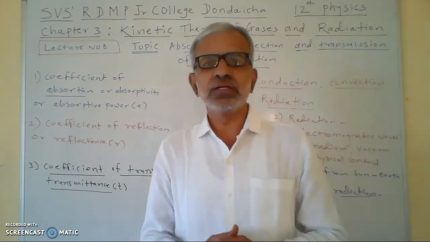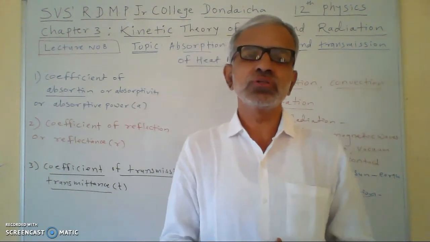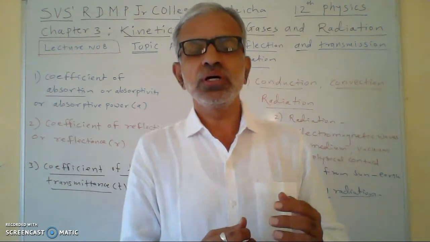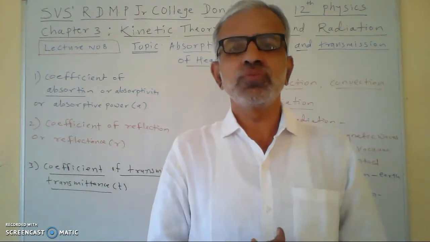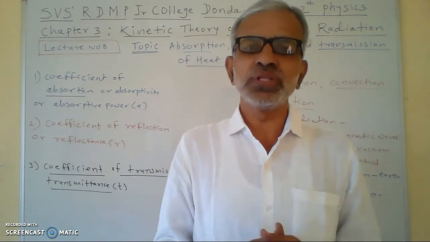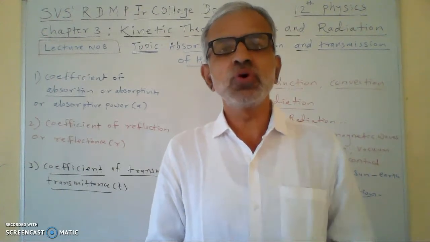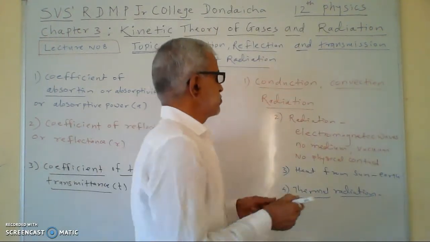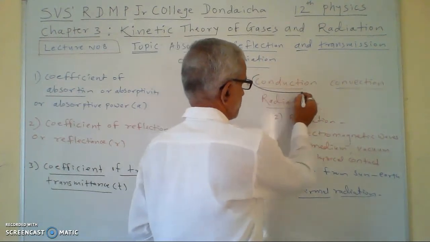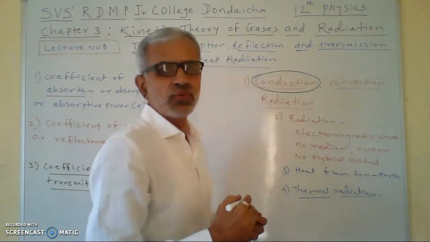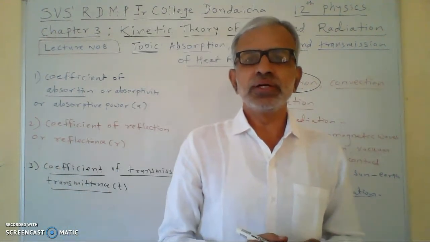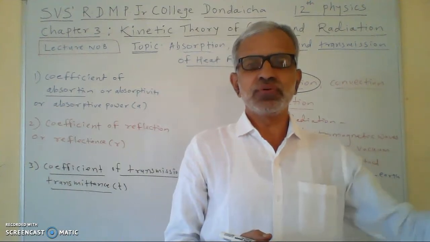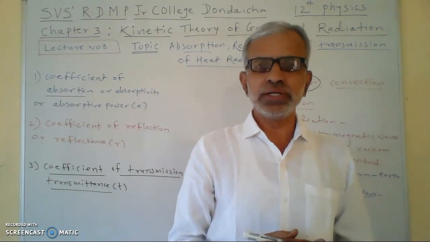In previous standards we have studied about the 3 modes of transfer of heat. The first mode is conduction. It requires a material medium to travel heat from one point to another point.